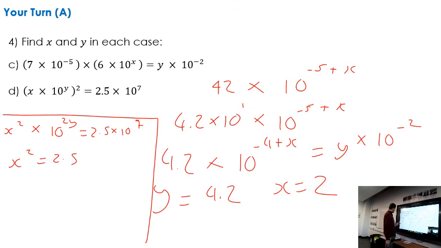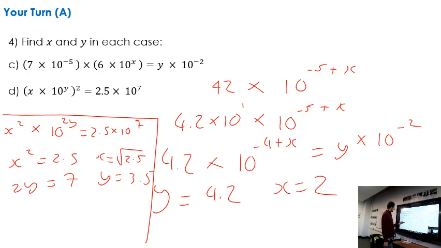And I've got 2y is equal to 7. So my x value is going to be the square root of 2.5, and that is going to be a value between 1 and 10. And my 2y is equal to 7, so my y value is equal to 3.5.